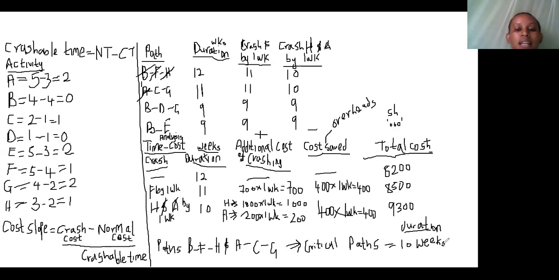And lastly, in your network diagram, one should be able to see that these two paths, BFH and ACG, are emerging to be critical paths in the project. So that was our example, from December 2014 past papers. The question was question 3C.